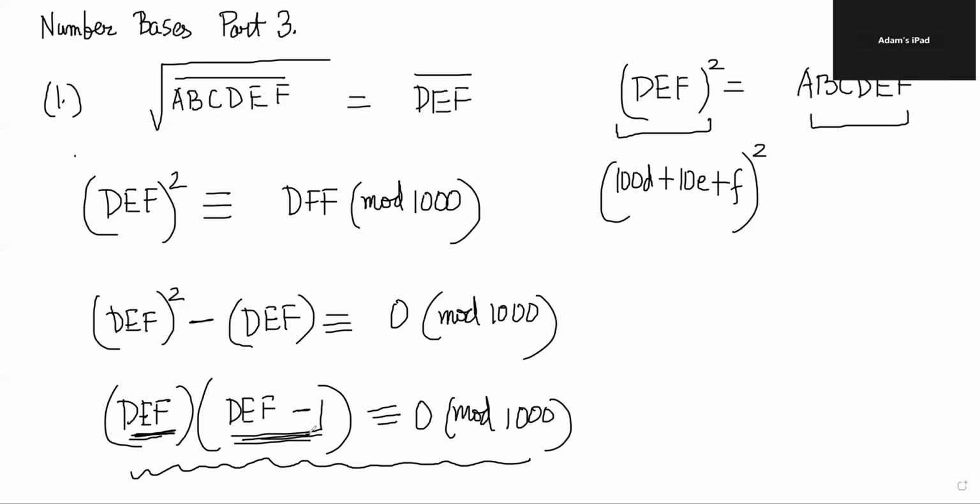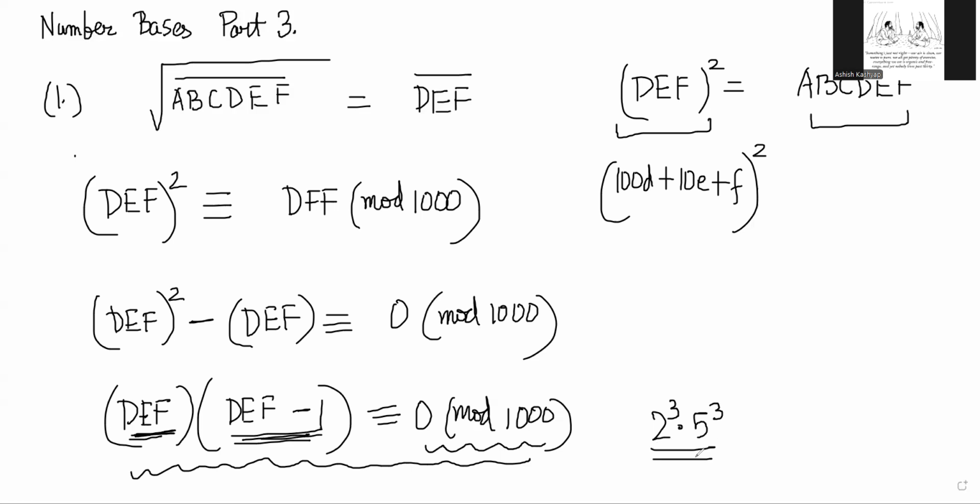So these two numbers are co-prime and their product is divisible by 1000, right? 1000 is 2 cubed times 5 cubed. So one of these numbers has to be divisible by 5 cubed, and the other must be divisible by 2 cubed.